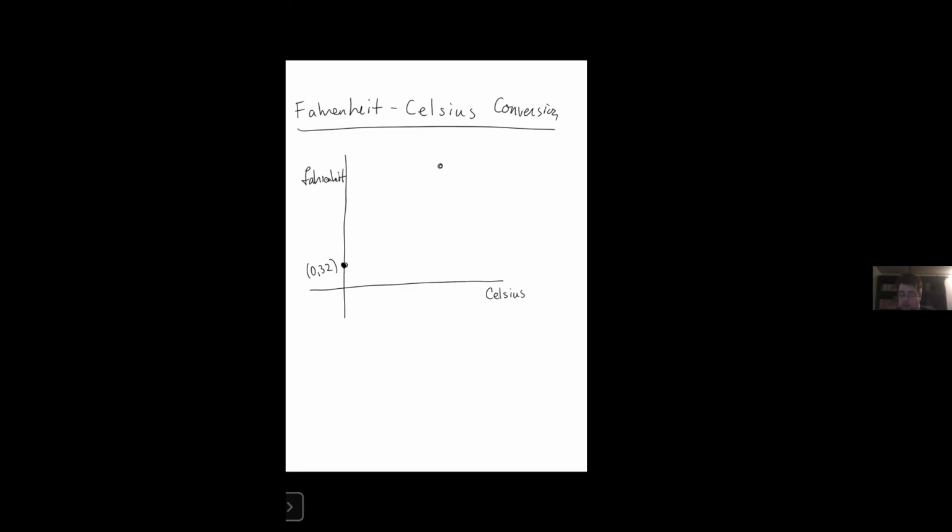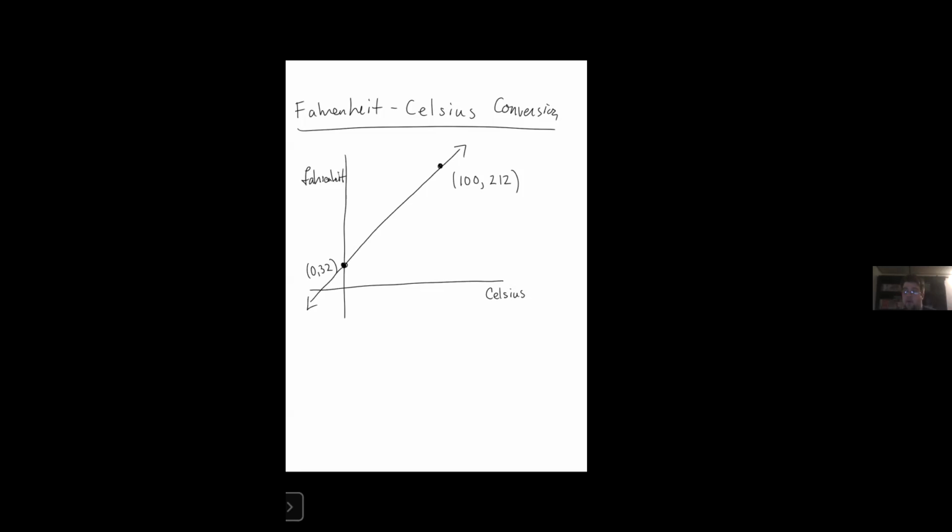Also, we have this other point up here for the boiling point, 100 degrees Celsius, 212 degrees Fahrenheit. And with those 2 points, we can draw a line going through those 2 points, and the Fahrenheit and Celsius conversions will all appear on this line.